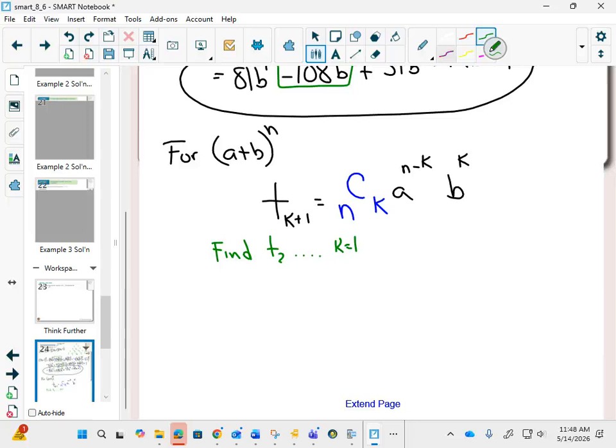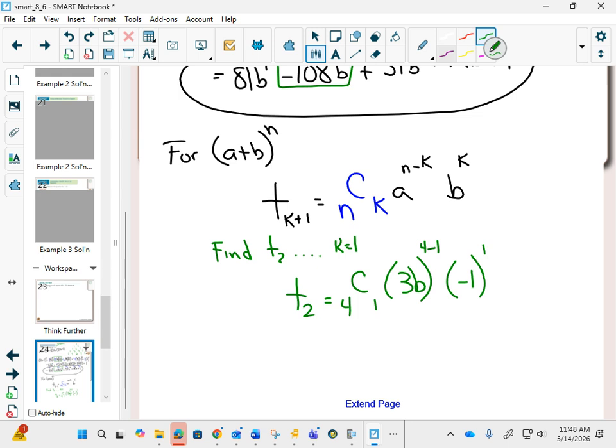I just plug things into my formula. n is my exponent. In our example, the exponent was 4. Choose k, well, I already said k was 1. In our formula, a was 3b, and this will be to the 4 minus 1, and b was negative 1.